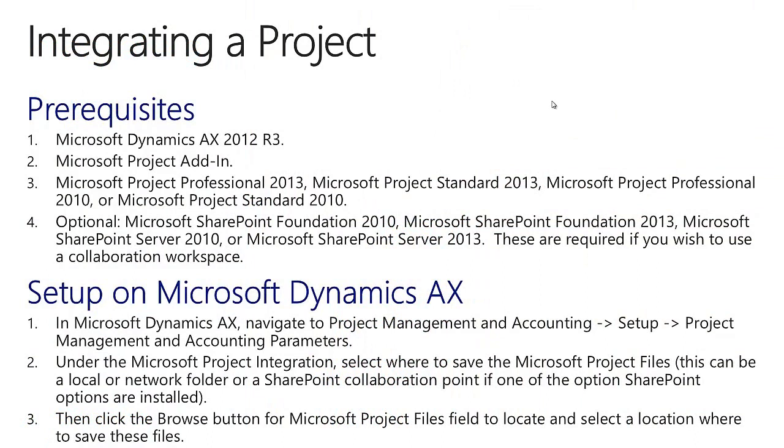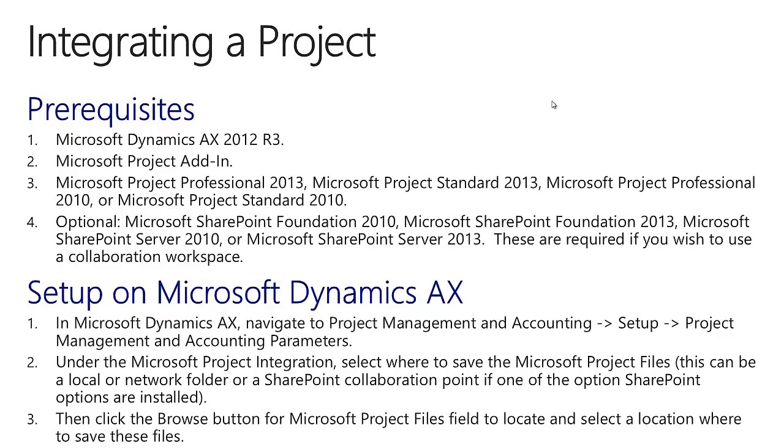Microsoft Project Professional 2013, Microsoft Project Standard 2013, Microsoft Project Professional 2010, or Microsoft Project Standard 2010 must be installed. Optionally, Microsoft SharePoint Foundation 2010, Microsoft SharePoint Foundation 2013, Microsoft SharePoint Server 2010, or Microsoft SharePoint Server 2013 can also be installed. However, these are required if you wish to use a collaboration workspace.